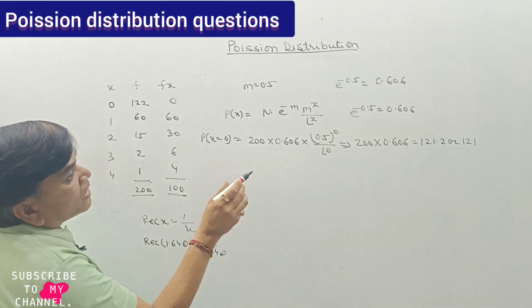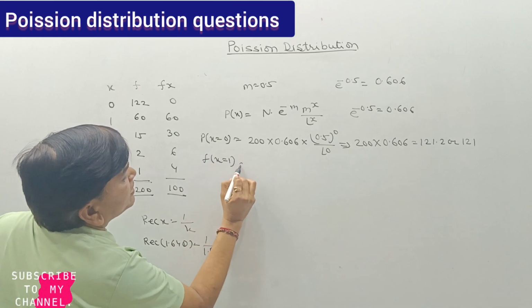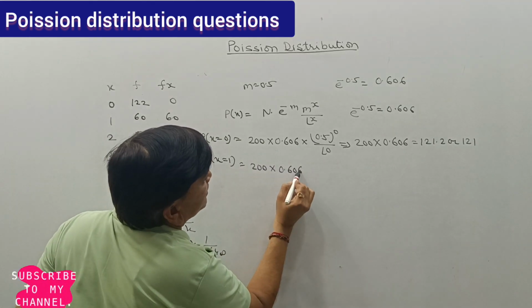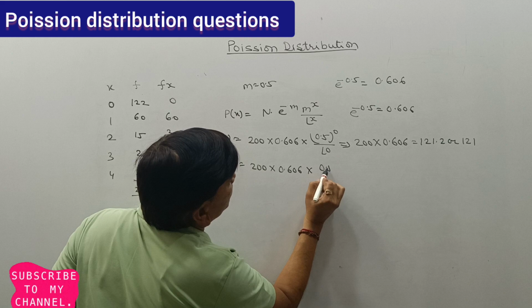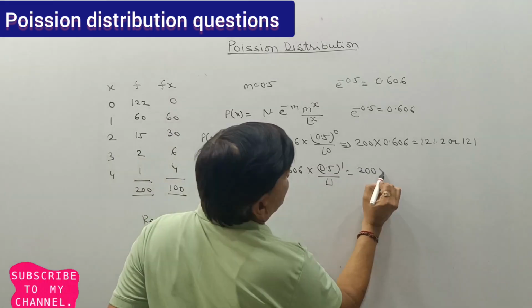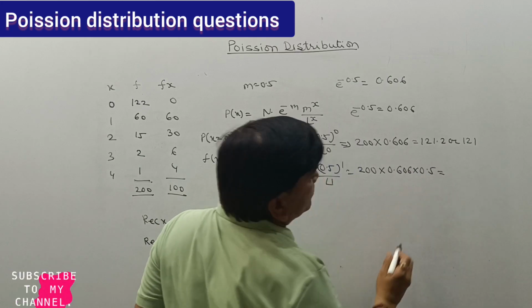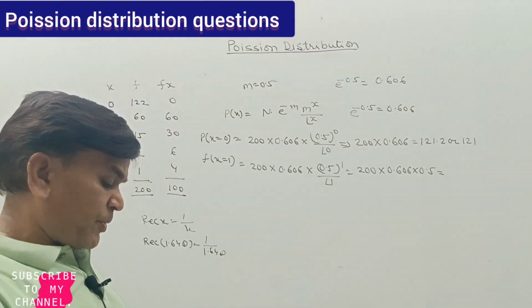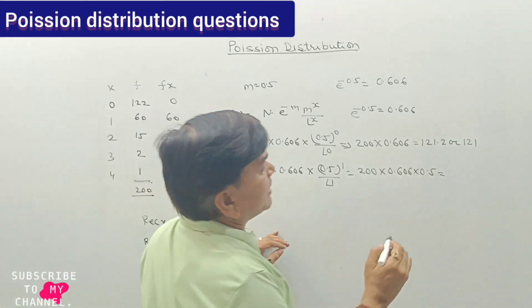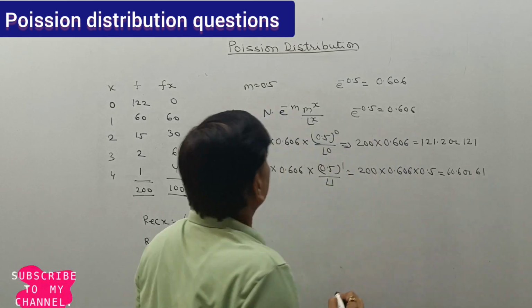So this is the estimated frequency for x equal to 1. Then 200 multiplied by 0.606 multiplied by 0.5 raised to power 1 divided by factorial 1. So we multiply this value by 0.5, giving 60.6, or we take 61.